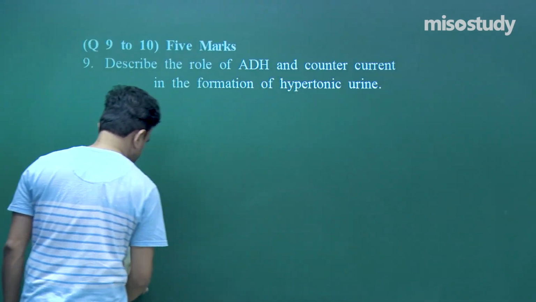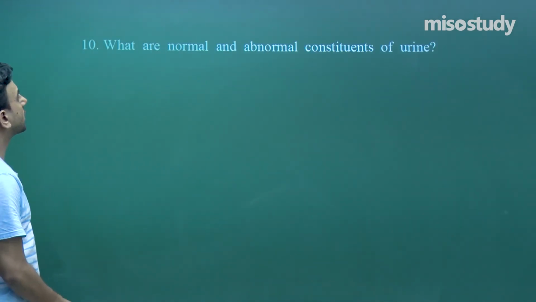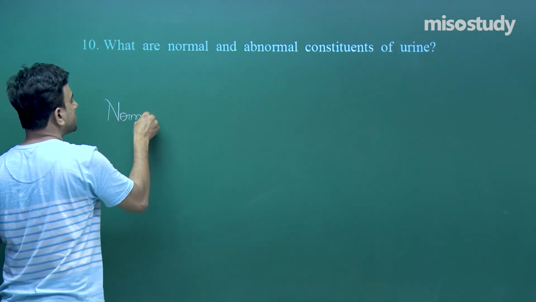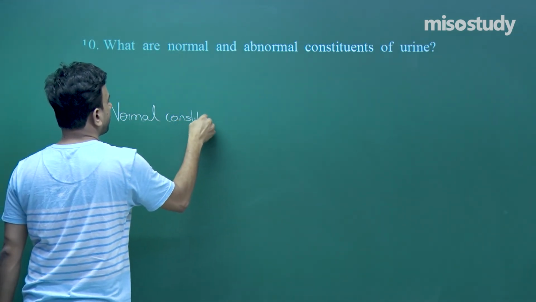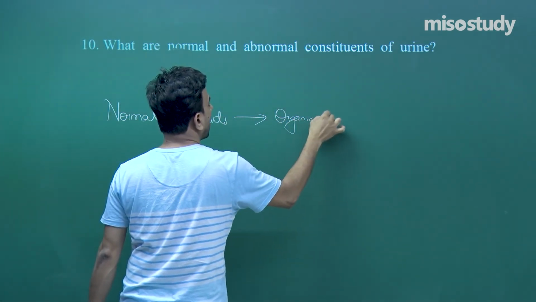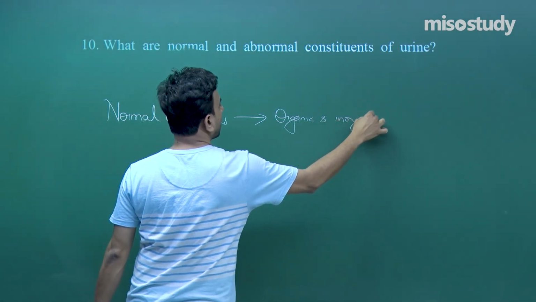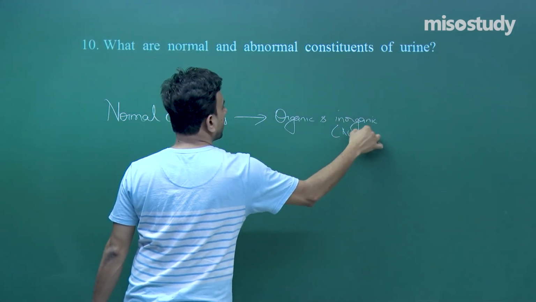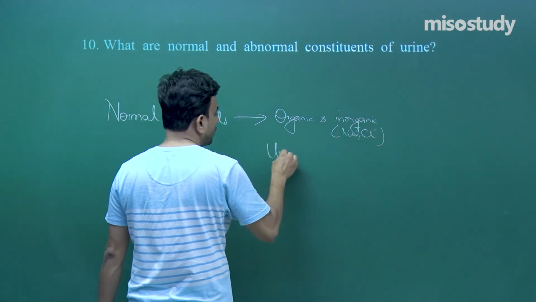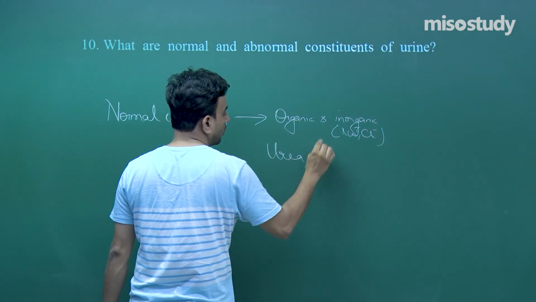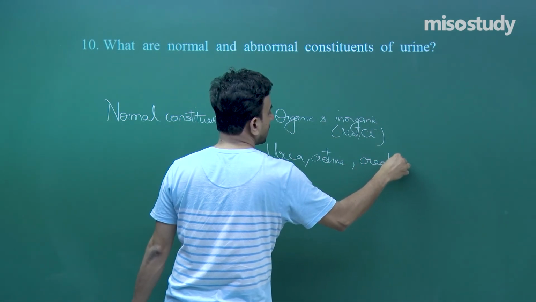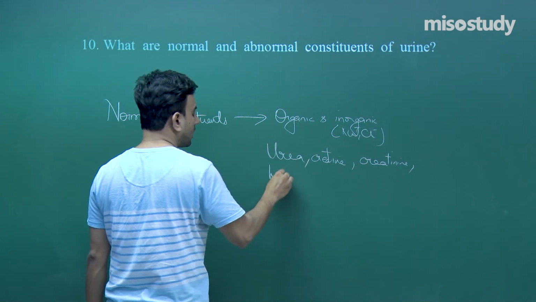What is the next question? We will see what are the normal and abnormal constituents of urine. When we talk of the normal constituents of urine, it has both organic and inorganic parts. In the inorganic part there will be sodium, and chlorine to a very minor extent. It basically has urea, creatinine, hippuric acid and all that.